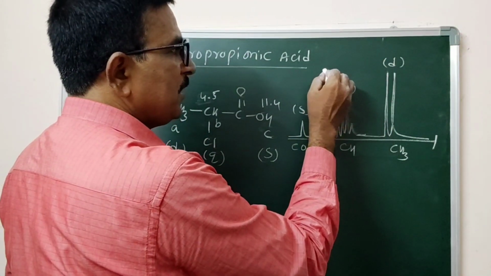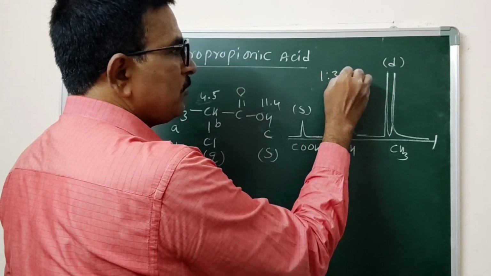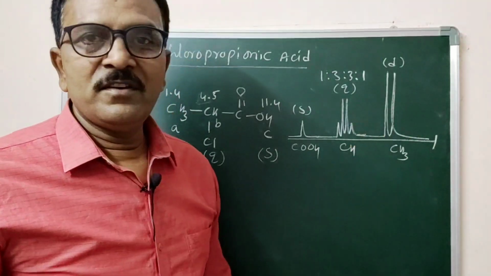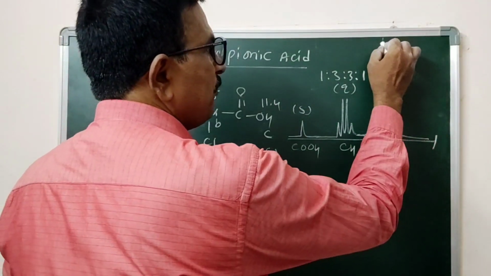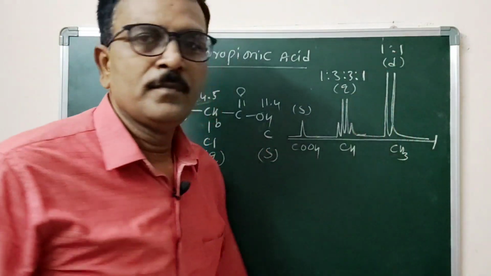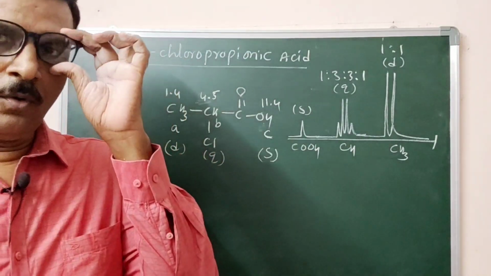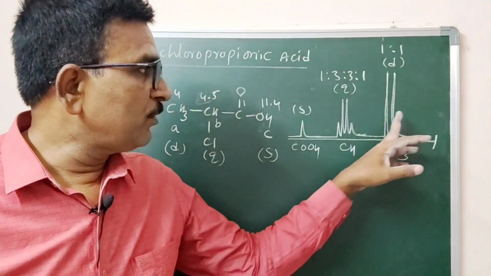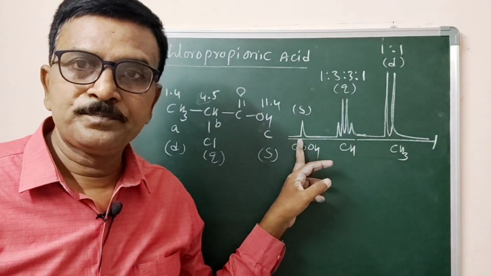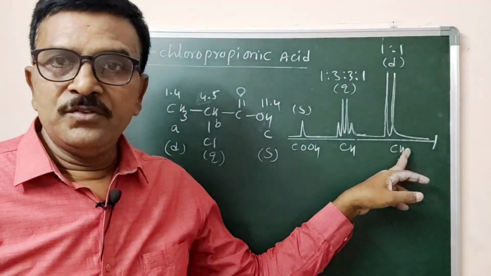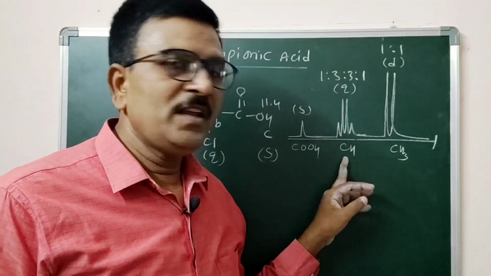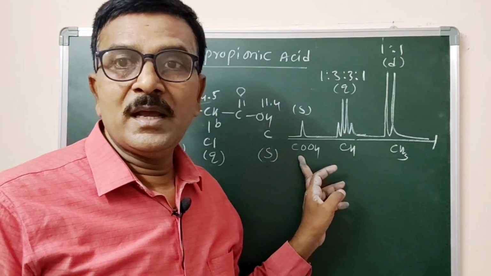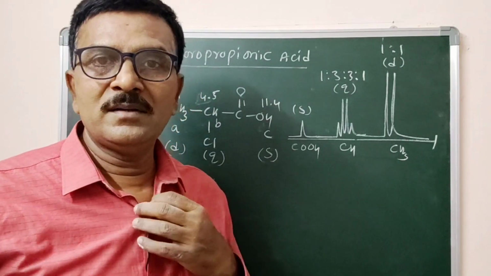Coming to intensity, the quartet has a 1:3:3:1 intensity ratio, whereas the doublet has an intensity ratio of 1:1. So 2-chloropropionic acid has 3 sets of protons, therefore 3 signals appear: CH3 as a doublet, CH proton as a quartet, and the carboxylic acid proton as a singlet, because it has no adjacent protons.